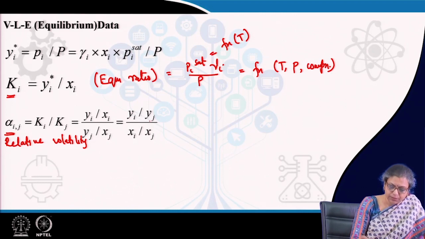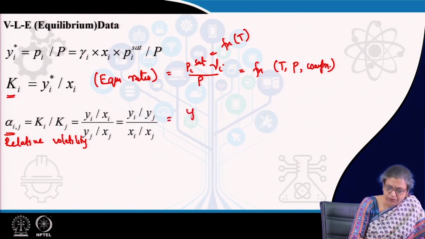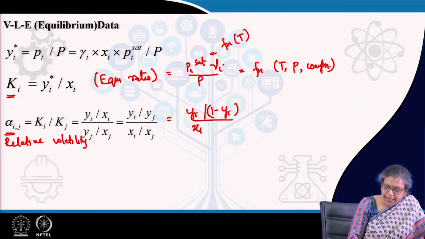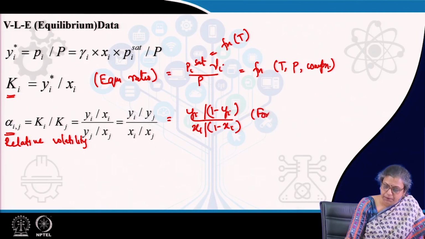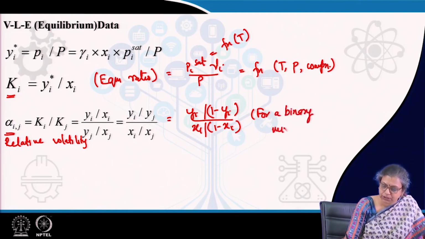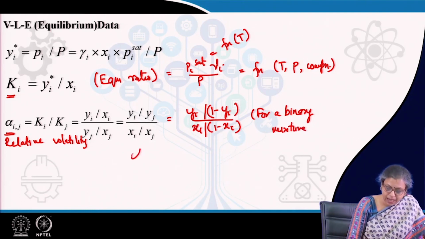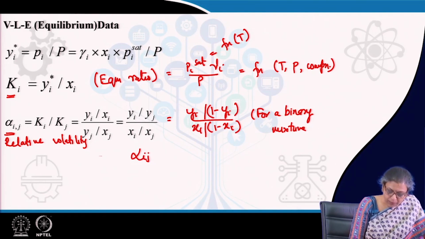And once alpha ij is given, from this particular equation for a binary mixture, yj is equal to 1 minus yi, and xj is equal to 1 minus xi. Therefore, for a binary mixture, once alpha ij is known and you know your xi, you can find out yi the way I have substituted.